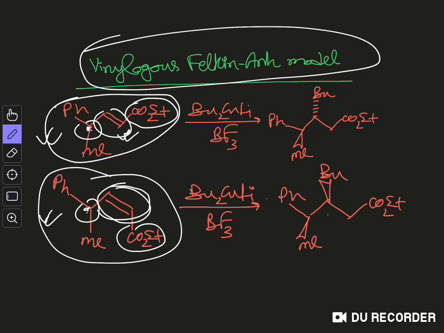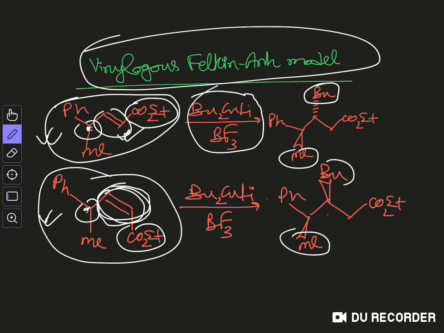In the first case, when you add Bu2CuLi, that is the Gilman's reagent, in the presence of BF3, you get a product where the incoming butyl group and the existing methyl group are trans to one another, or anti to one another, whereas when the double bond is cis, we can see the existing methyl group and the butyl group are syn to one another.